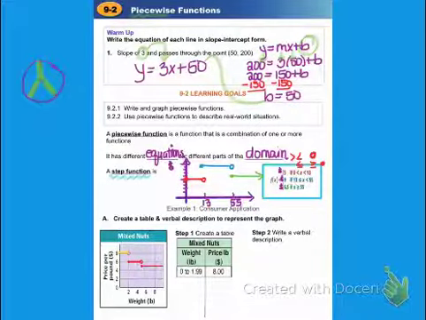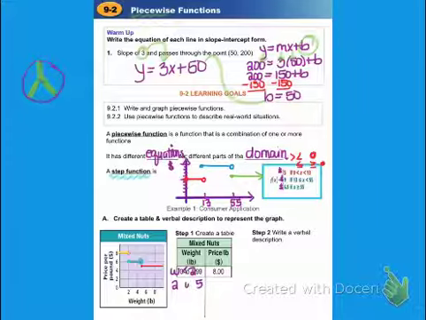I might have written this table a little bit differently. I might have put here in the table, for your weight in pounds, say W, if it were less than 2 pounds. They did 0 to 1.99, but I would say if it's less than 2, then it's $8. Then the next interval would be starting at 2 pounds, but ending just before 5 pounds.